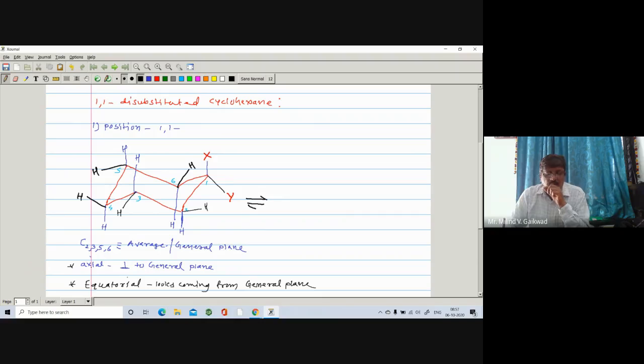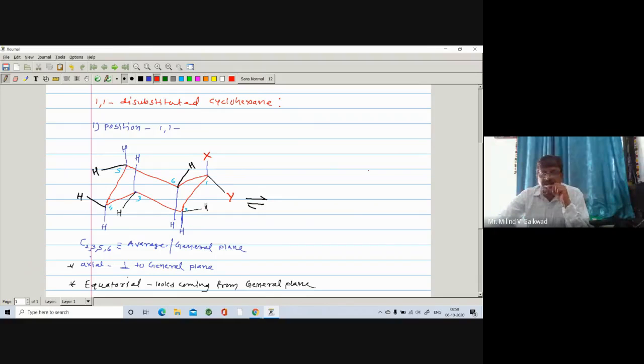So here you have to draw its mirror image. Look here, carbon numbers 5 and 6 go down, right? So similarly you have to write that carbon numbers 5 and 6 go down.